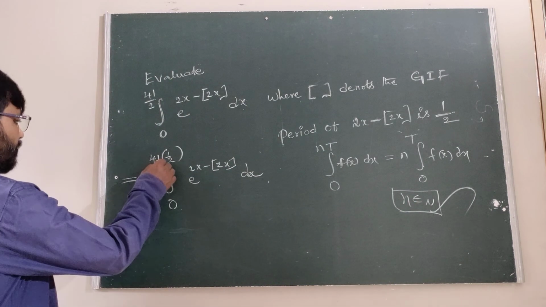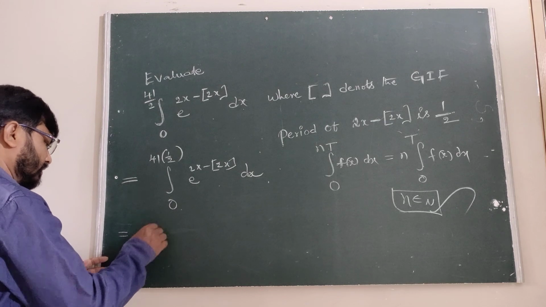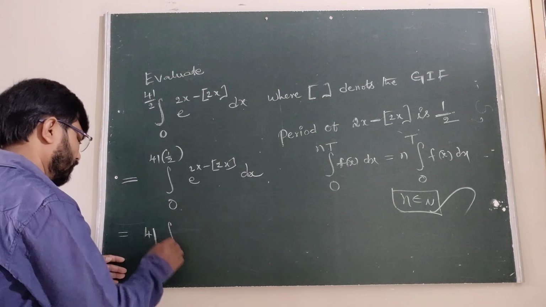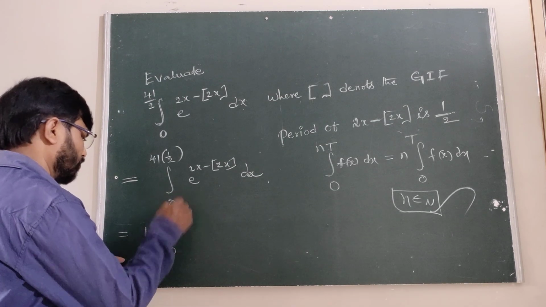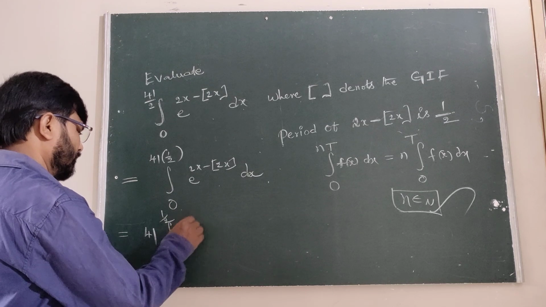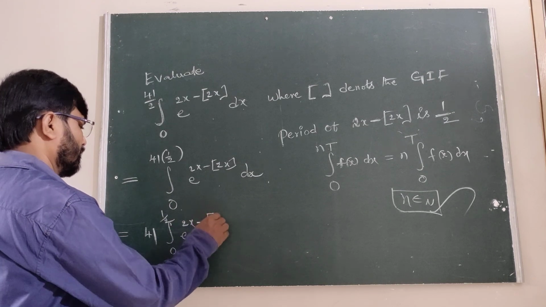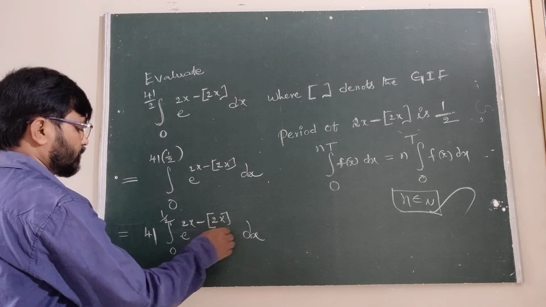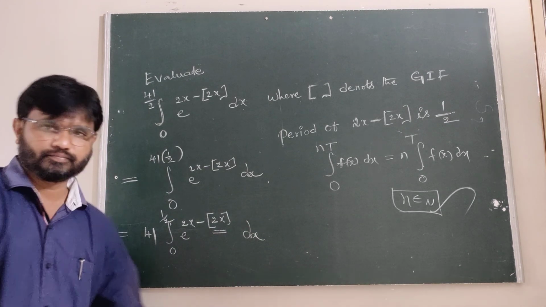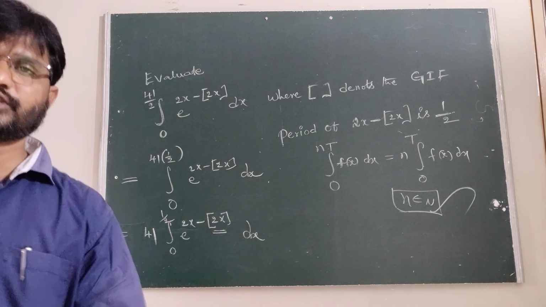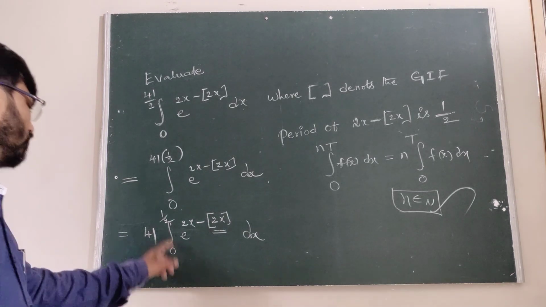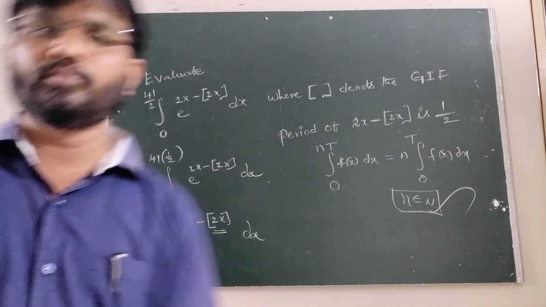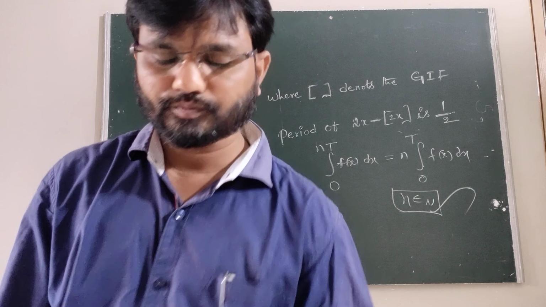Therefore, here we can write the 41 outside. We take 0 to 1 by 2 e power 2x step of 2x dx. Now the special function is step 2x. What is the value of step 2x between 0 and 1 by 2? 0 to 1 by 2 means 0 to 0.5.